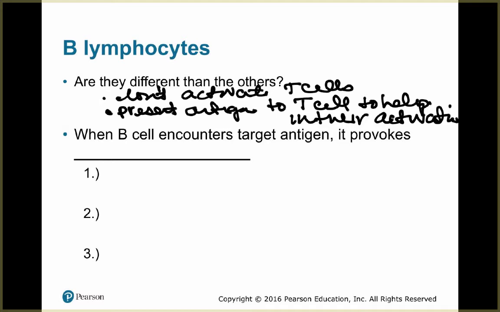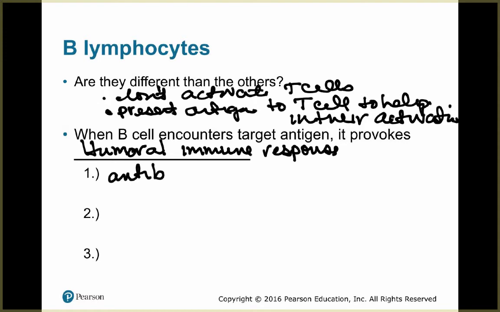When B cells encounter target antigens, it provokes what's known, and we talked about this for a second, as a humoral immune response, aka antibodies. So we make antibodies for the antigen presented, right?